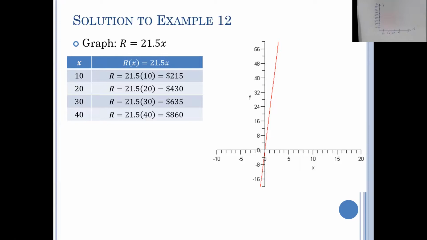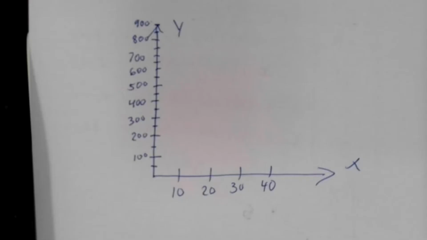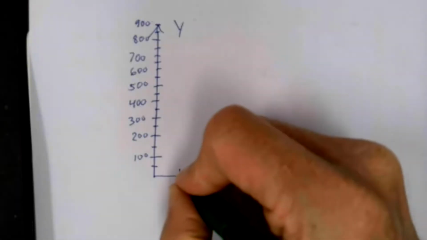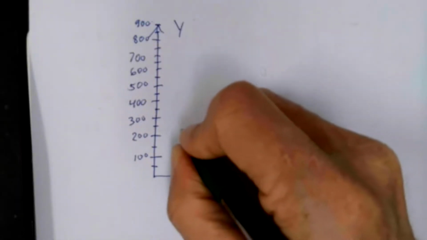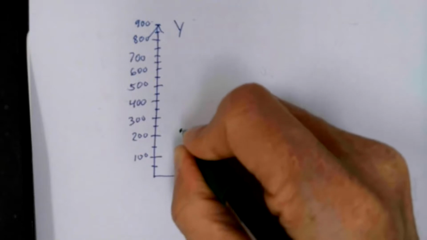All right, I will go to the doc camera for just a second when I plot these. Your points were, and I'm going to have to at least minimize this so I can see the plot. Okay, looking at your PowerPoint, we're going to plot 10 and 215, which will be about right here, a little bit above 200.